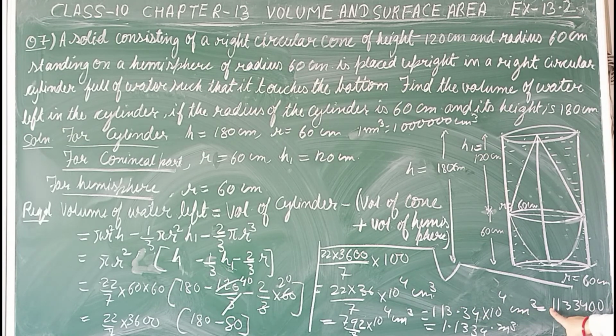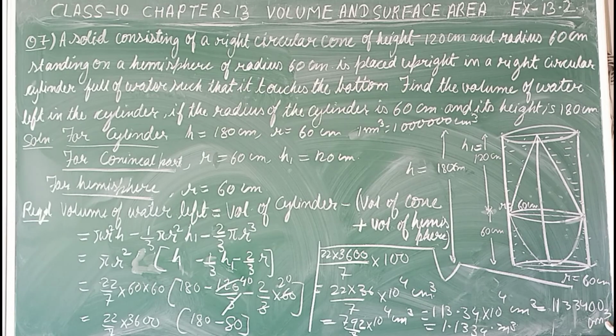This we can write as 1.13 into 10 to the power 4. Take care of it over here. 113.34, right? Then put 10 power 4. So if I remove this 10 power 4, I can write this as 113.3400. This one is centimeter cube.